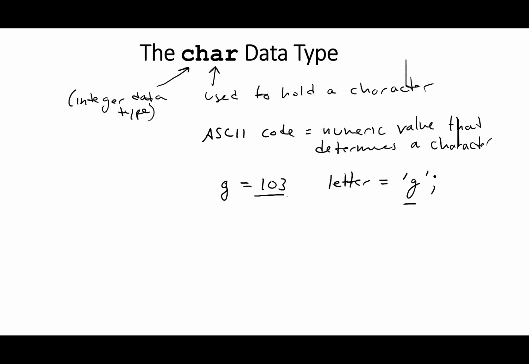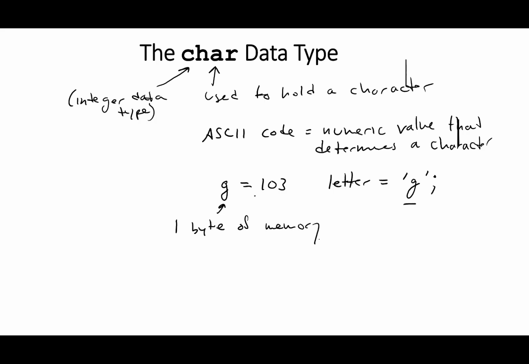And so that's why the character is also considered an integer data type. When we store this character, it's usually stored in 1 byte of memory.